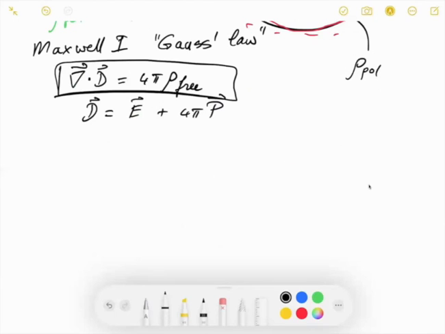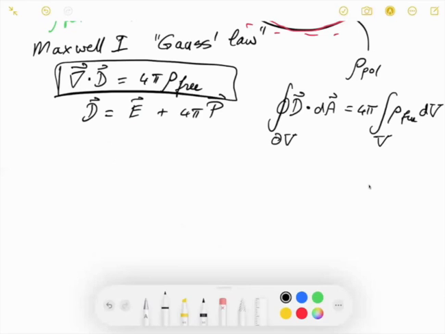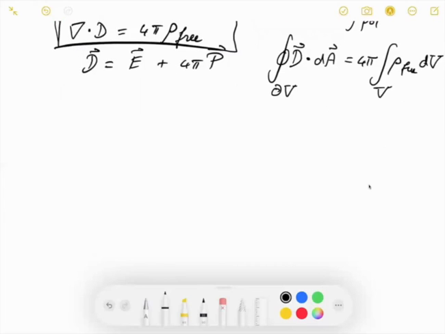So in integral form, this would be the integral of D dot dA is 4 pi times the volume integral of rho free, where this is the surface integral over the edge of that volume, and this is the volume integral. So we can do the same thing that we usually do when we do electrostatics in vacuum. We can find the boundary conditions from this expression.